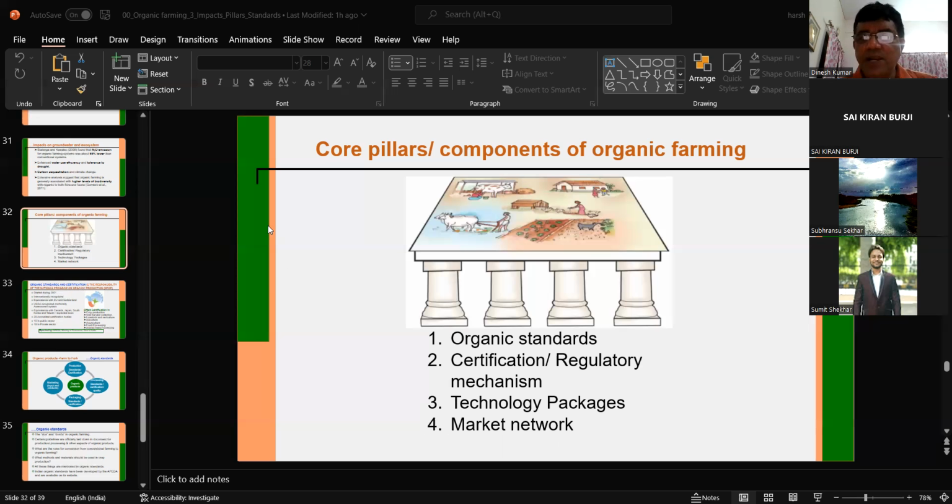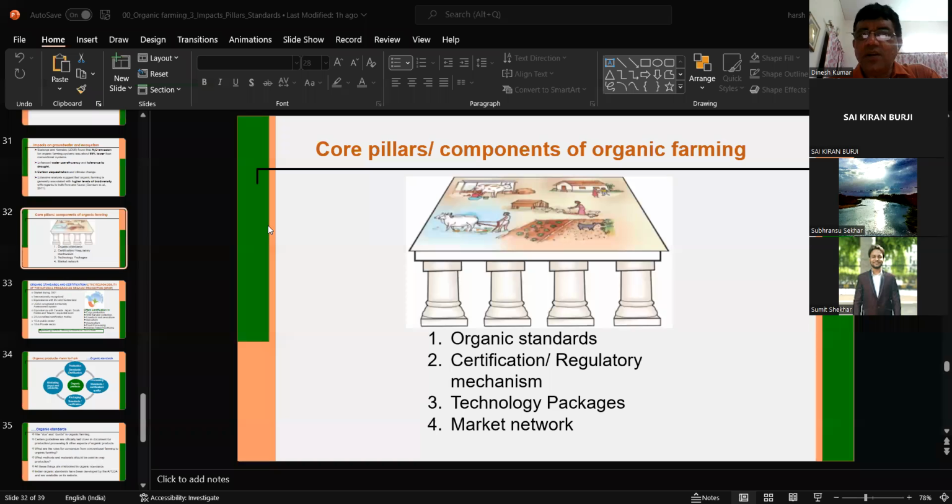Certification or regulatory mechanism are the same. There are different regulatory mechanisms. Regulatory mechanism is a broader term, under which certification is a kind of regulatory mechanism.